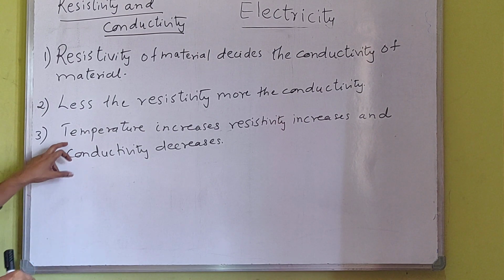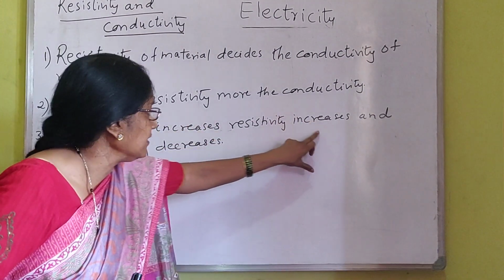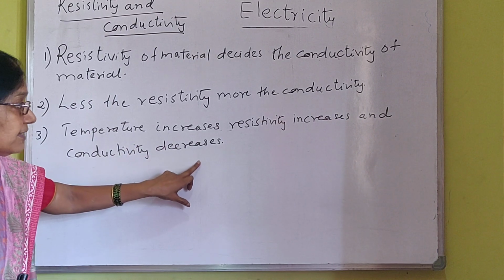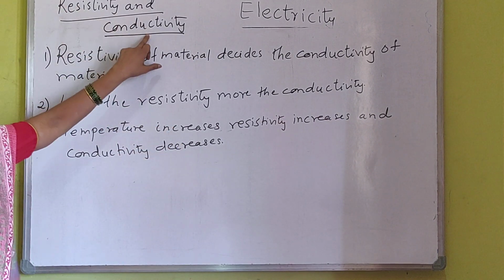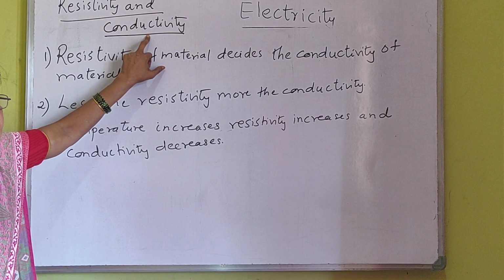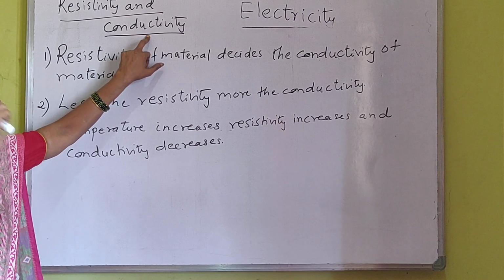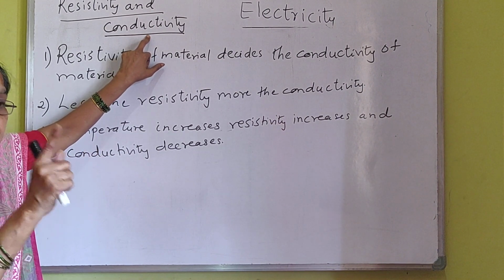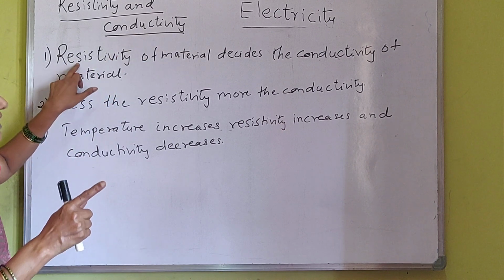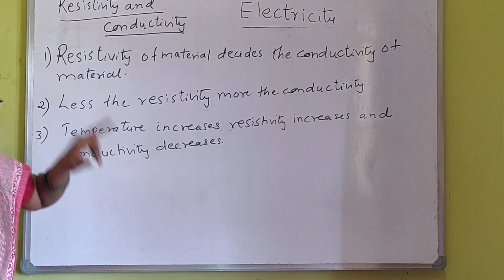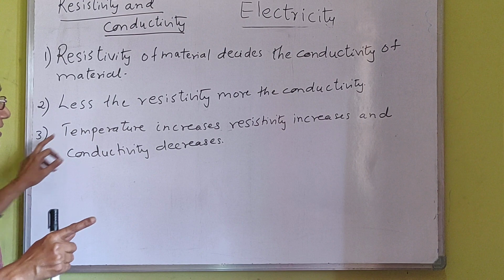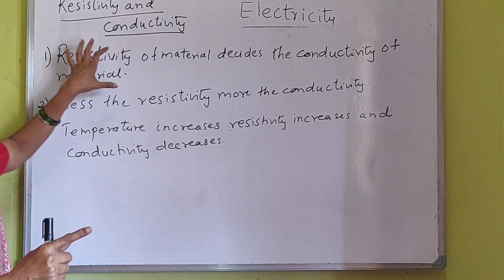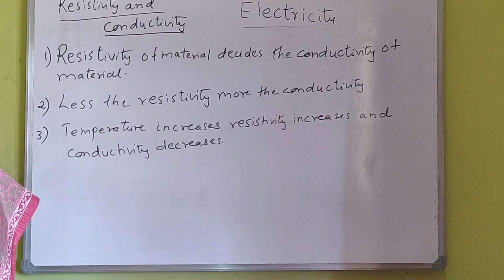So as the temperature increases, resistivity increases and conductivity decreases. This is how resistivity and conductivity depend upon each other. So you have to keep in mind, a good conductor of electricity means where the resistance is less. A bad conductor of electricity means where the resistance is more. That is how resistivity and conductivity depend upon each other.